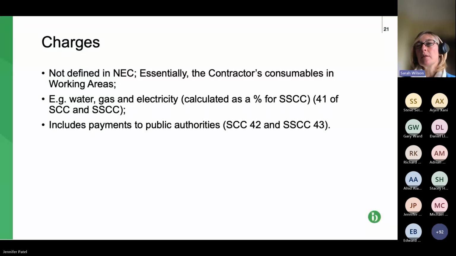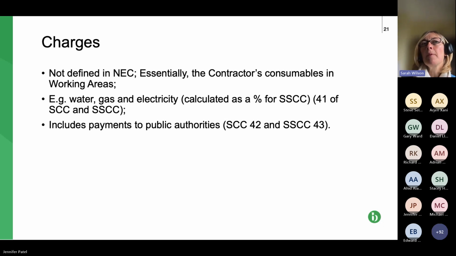Okay, so these are these charges. It's not defined in NEC, and as I've said, it's sort of a miscellaneous mix of things. But essentially, the contractor's consumables. So it includes water, gas, electric. That's calculated for the shorter schedule on a percentage basis.